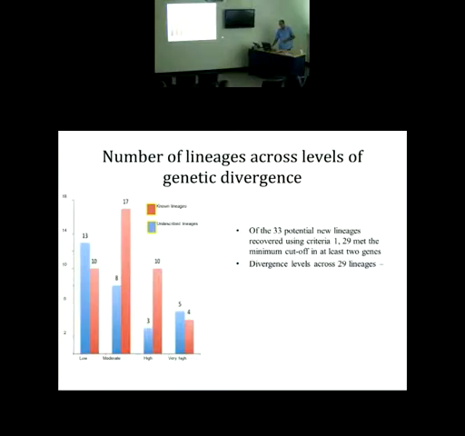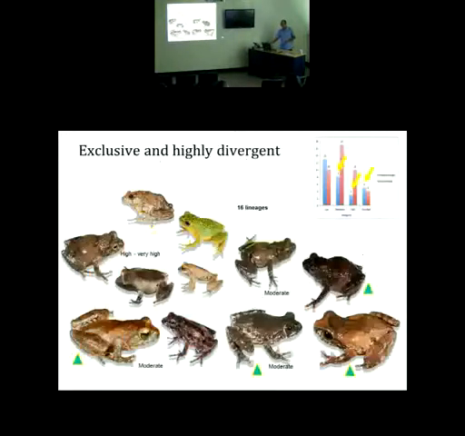We got a 100% increase in divergence, and of these 29 lineages that were diverged from their sisters by the minimum cutoff, 16 had moderate to high levels. We had every combination of these in this set.